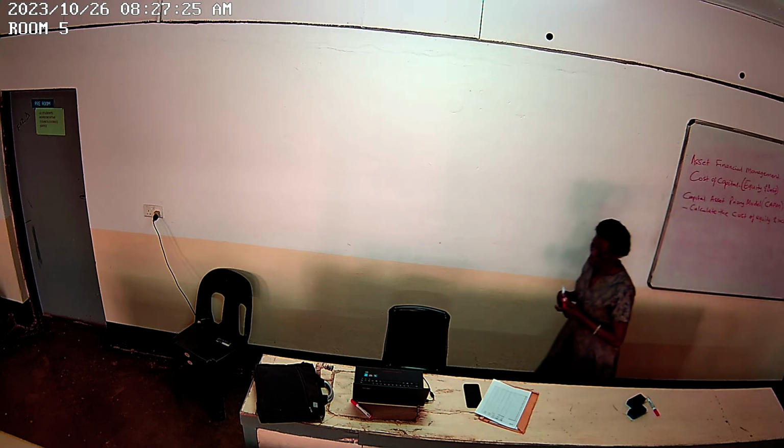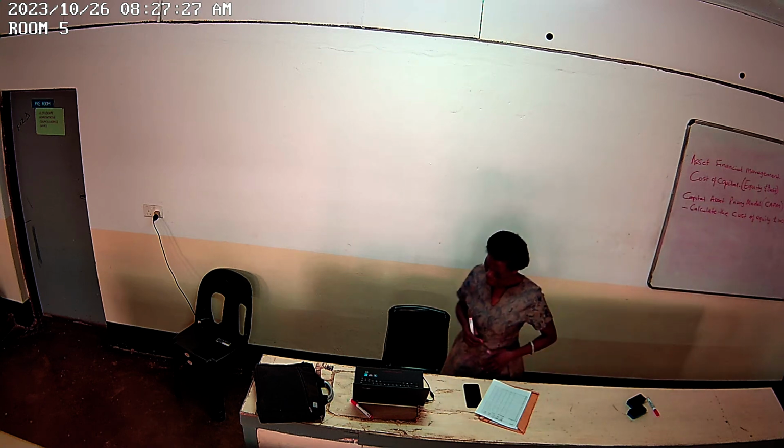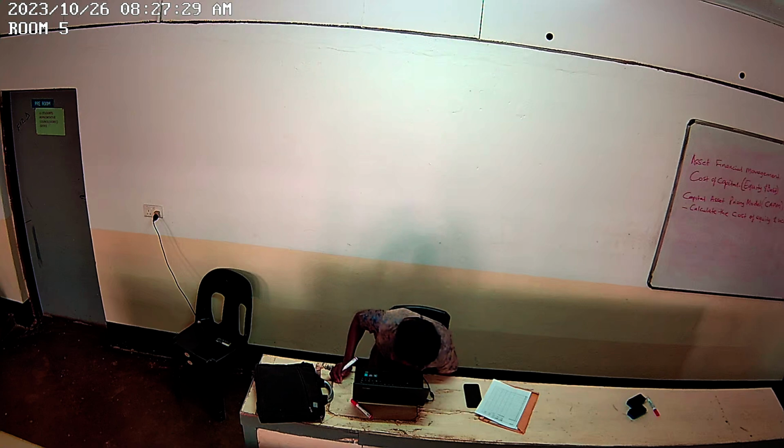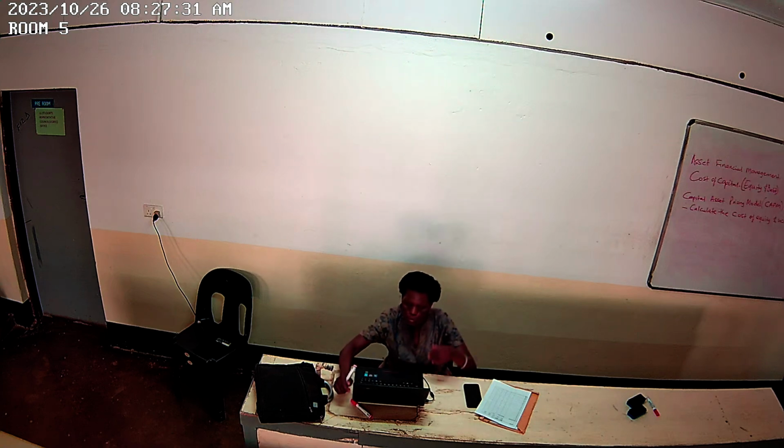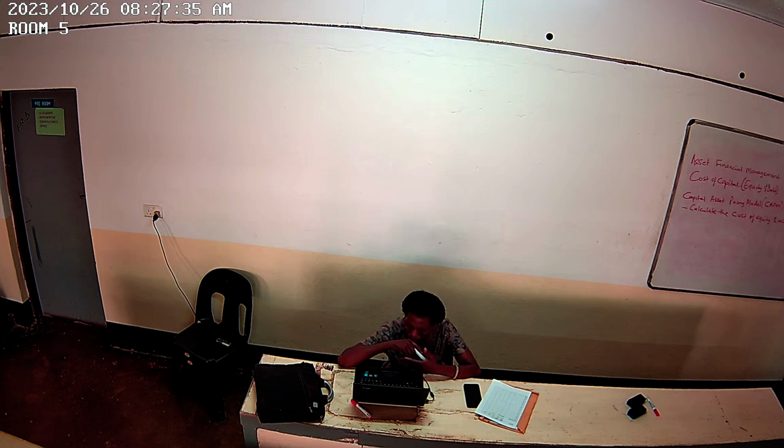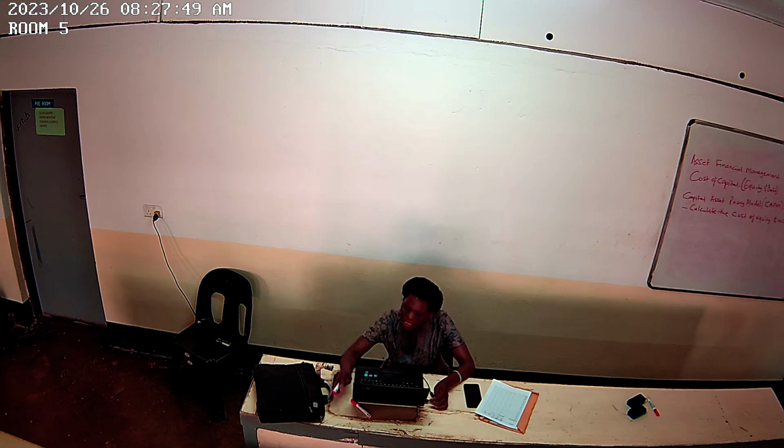So the asset pricing model is used to calculate the cost of equity and then incorporate risk. The CAPM is based on a comparison of the systematic risk of an individual investment with the risk of all shares in the market.